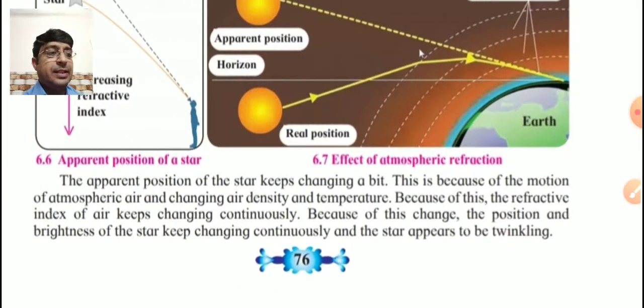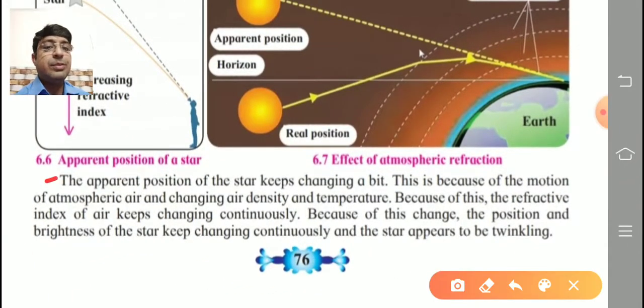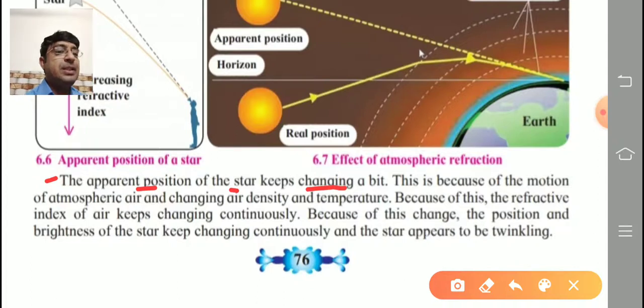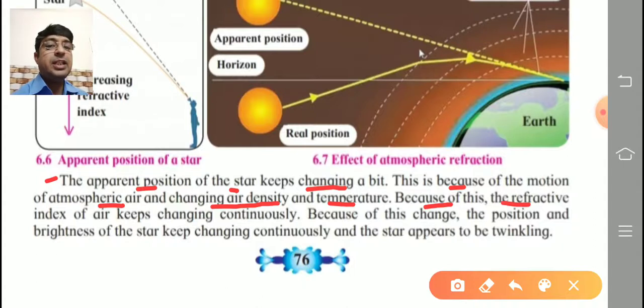Next point you write in the answer. Start from here. The apparent position of the star keeps changing a bit, meaning a little, because of the motion of atmospheric air and changing air density and temperature. Because of this, the refractive index of air keeps changing continuously.